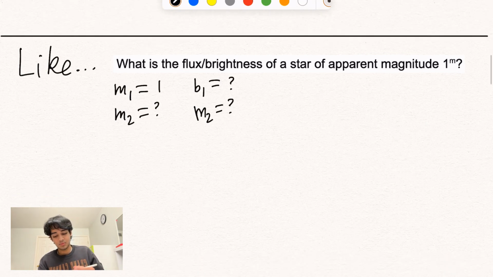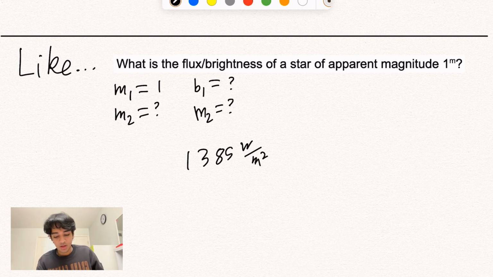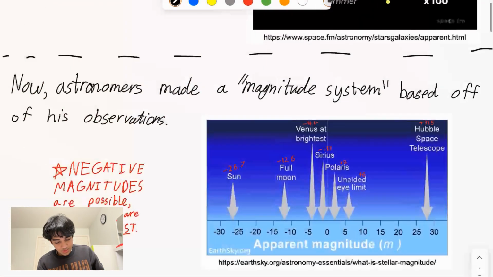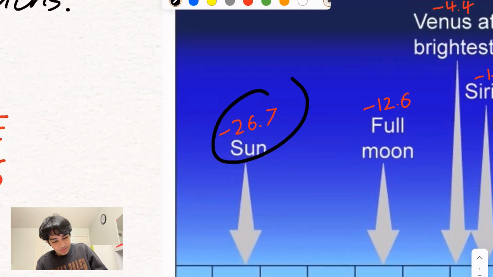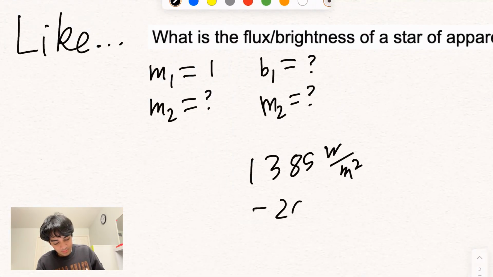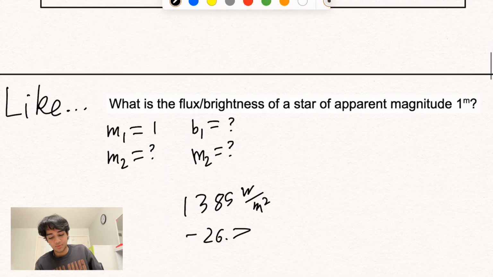In our last video, we found that the brightness of our own sun with respect to Earth is 1,385 watts per meter squared. With this information and the magnitude of the sun, negative 26.7, we can plug these into the formula, and now we will have 3 of the variables.